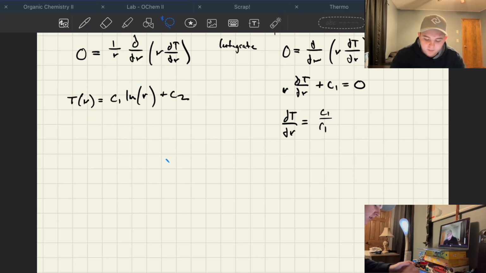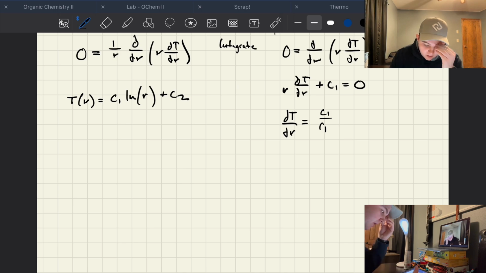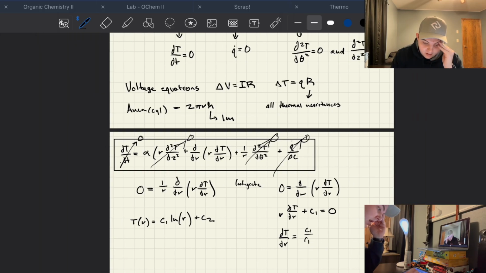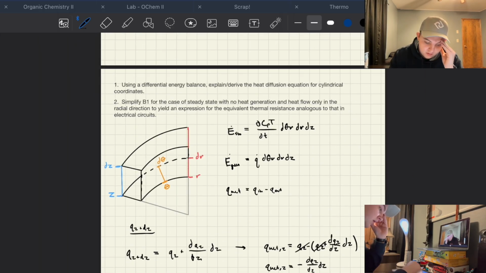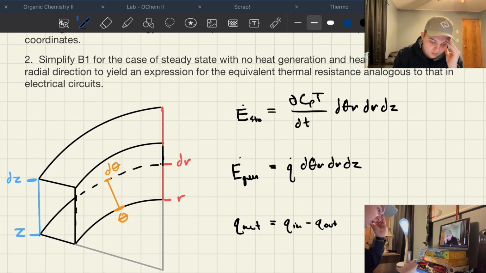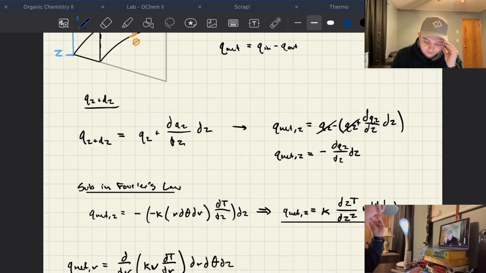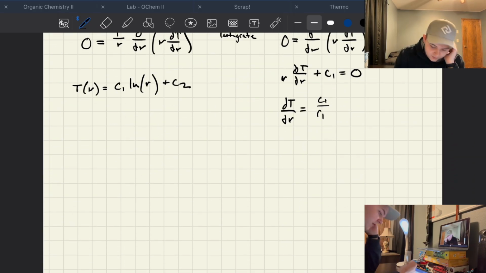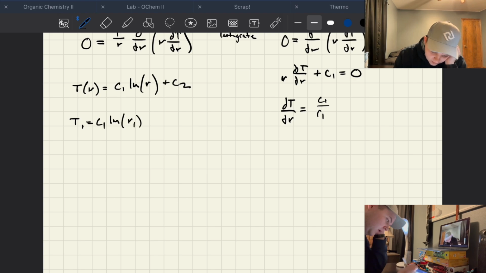I'm going to drag that over here. And then we need to solve for both of the radiuses, the inner and the outer. So I'm going to call this T1 and T2 for the two different radiuses. So let's solve for T1 quick. T1 is equal to C1 ln R1 plus C2.